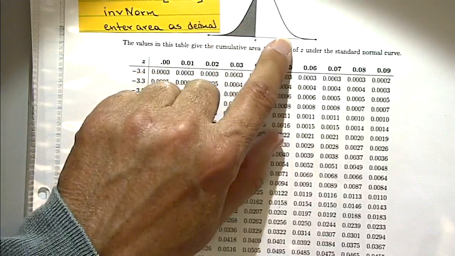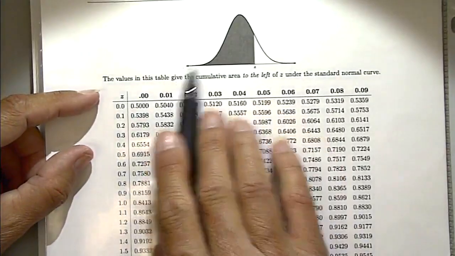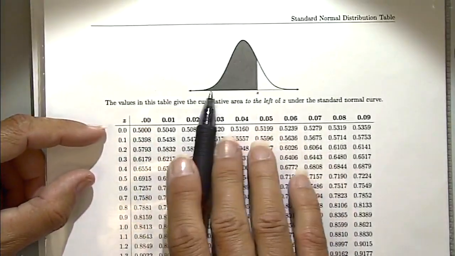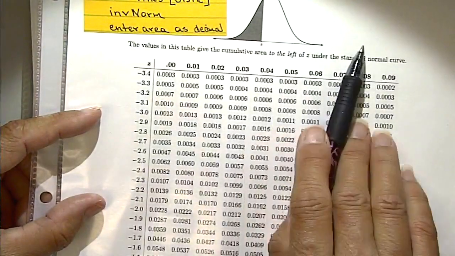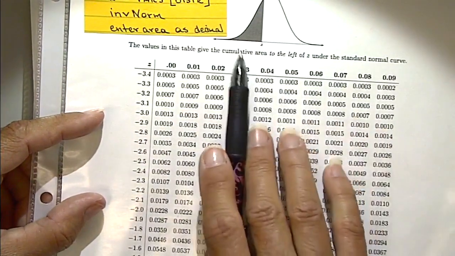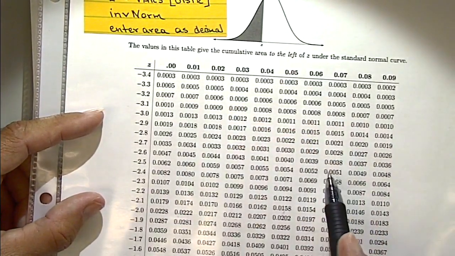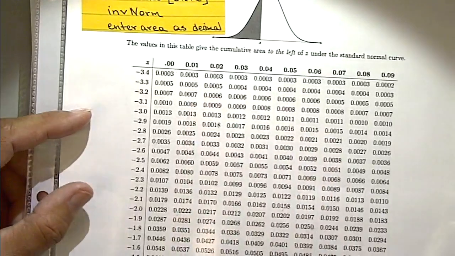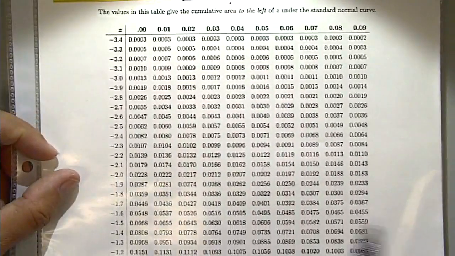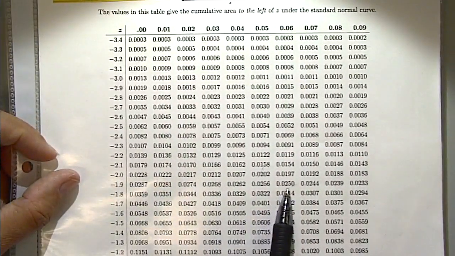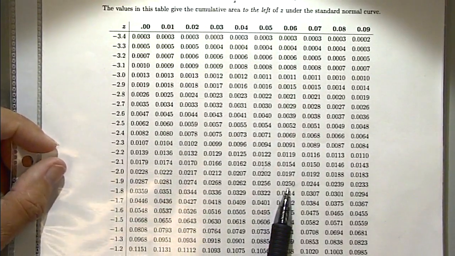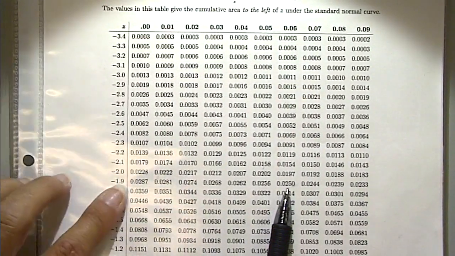If I was looking up something on the right side, it's not in the tail, it's the opposite of that. You see what I'm saying? So even if the question is about z to the right of something, you're going to look it up over here and just know that it's on the other side, right? We're going to use this side of the table exclusively. So I'm going to go down to where I see 0.0250, and of course that is a negative 1.96, isn't it?